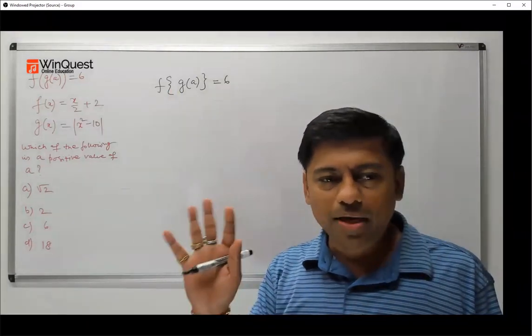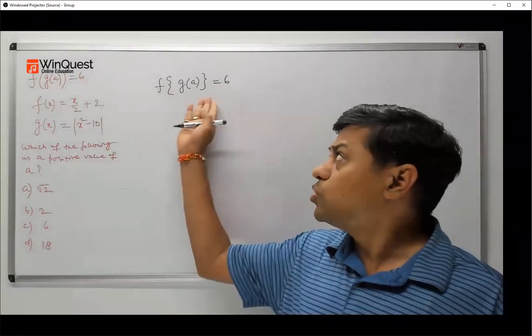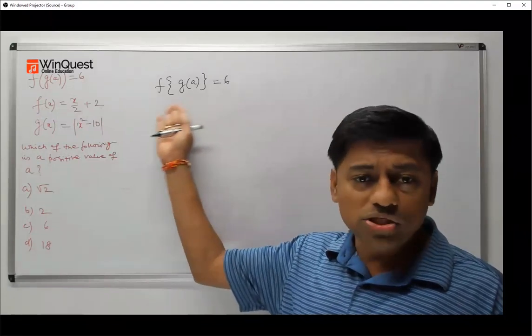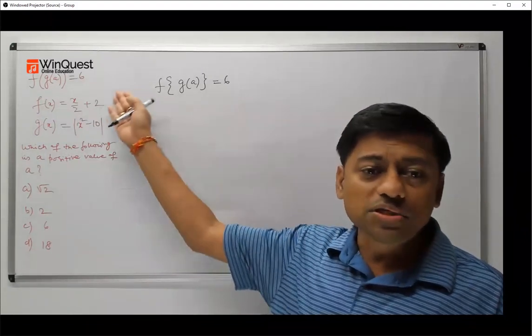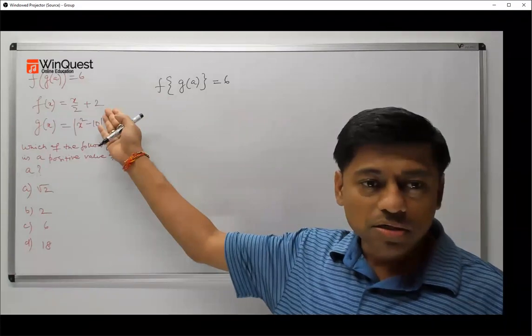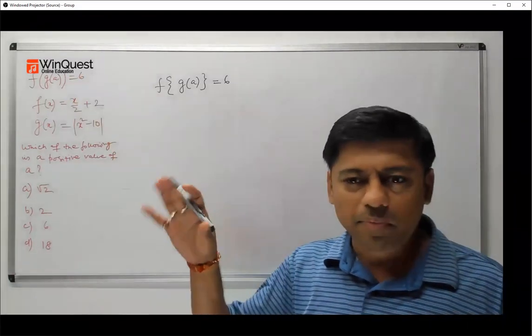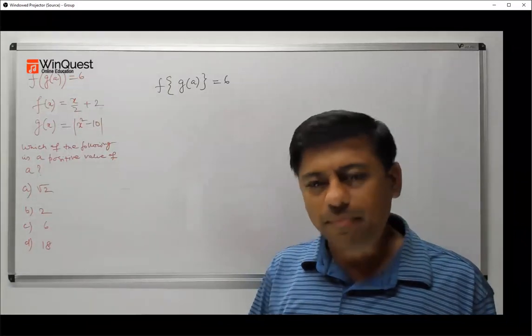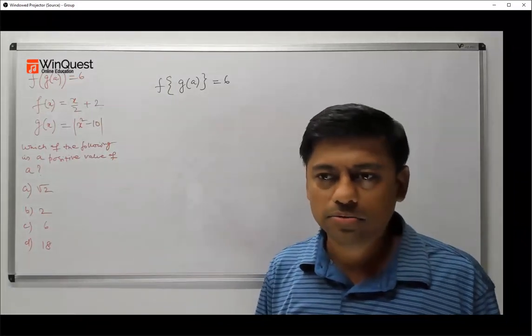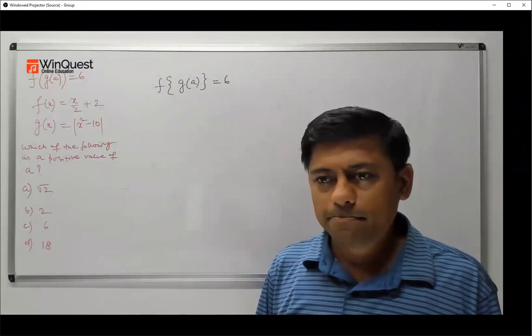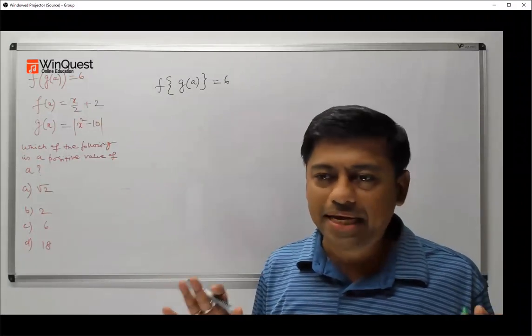Then at least you can make sense that I have to make use of this relation and substitute these expressions to get a. At least that much is clear. Something is going to happen like that. Okay, so the basic idea is clear.